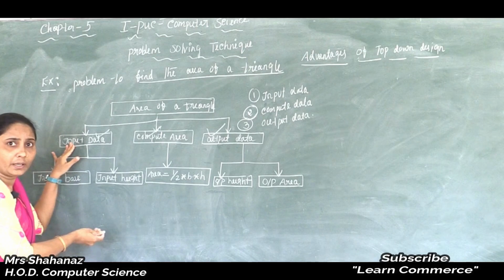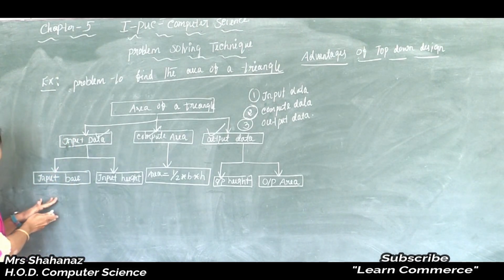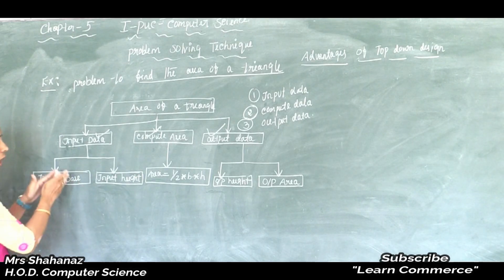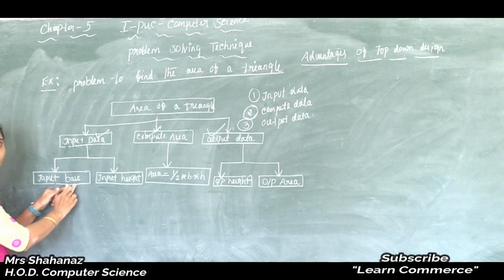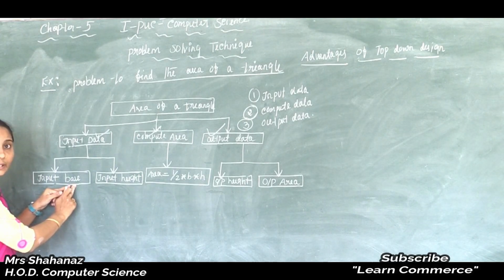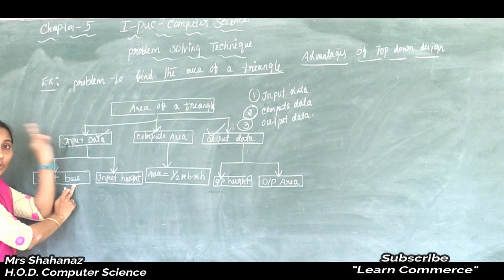Now again such sub problems are going to be divided further. Clear this point here? Further again I am going to divide. So how am I going to divide? The division is going to be done on the input basis. We know that just to solve the problem of the area of a triangle we need the base as well as the height, and we also know the formula.